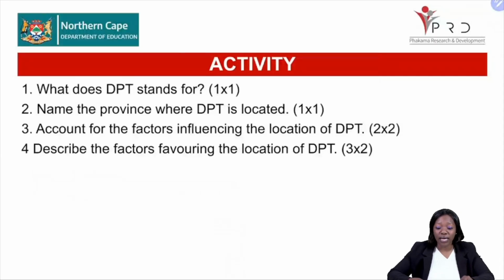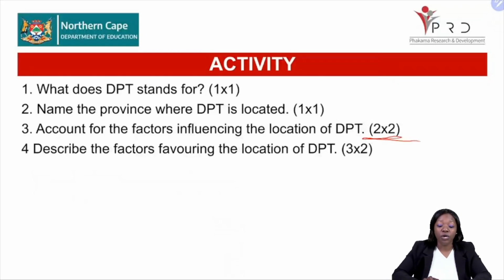Then we're looking at the activity. In the activity, what does PDT stand for? Then number 2, you name the province where PDT is located. Then number 3, account for the factors influencing the location of PDT, 2 times 2. Again, remember we said read the mark allocation so that you know for sure how many responses you're supposed to give.